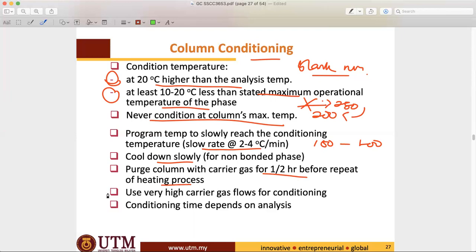Use a very high carrier gas flow for conditioning. Usually we have the column conditioning procedure in the lab, so you need to follow the SOPs. Conditioning time depends on analysis. If your previous analysis required half an hour, maybe you need some more time for conditioning.